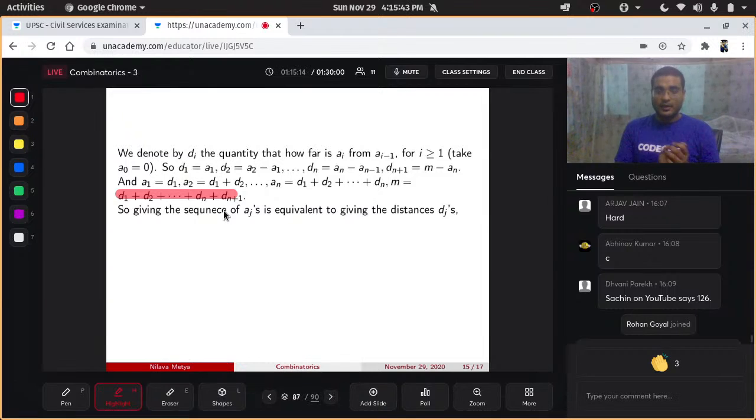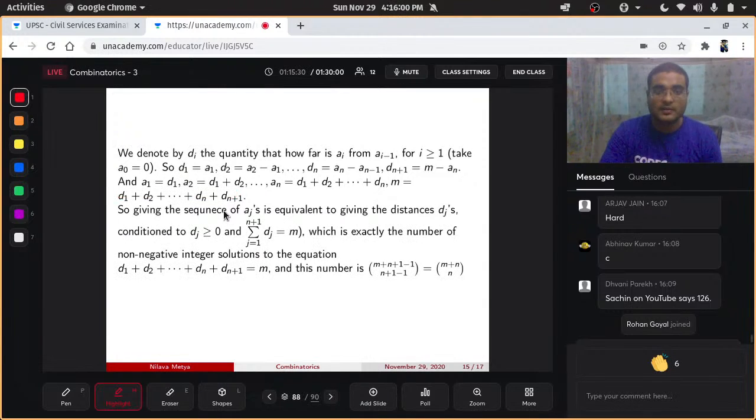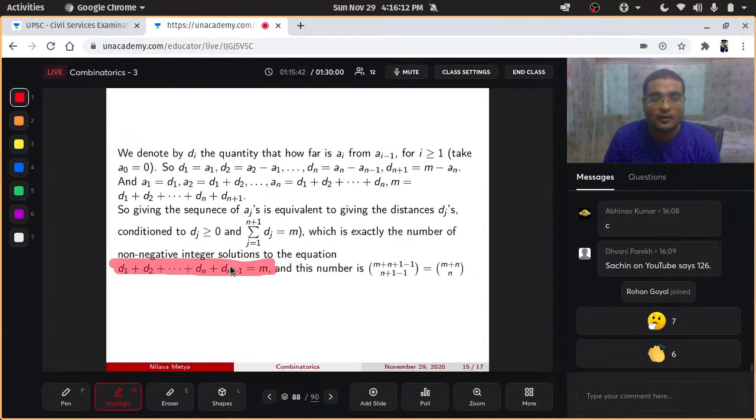I should tell you that the sum of these distances up till M should add up to M, and the distance between each milestone is at least 0. So it is equivalent to finding the number of non-negative integer solutions to this equation.